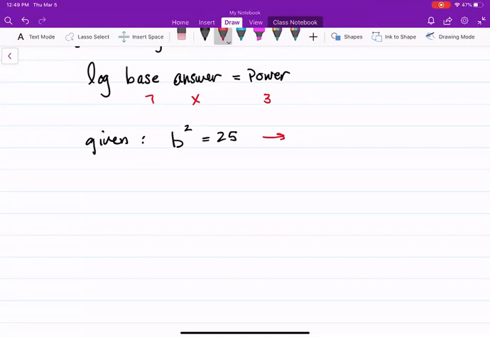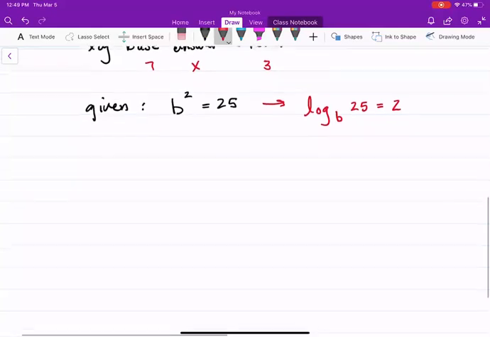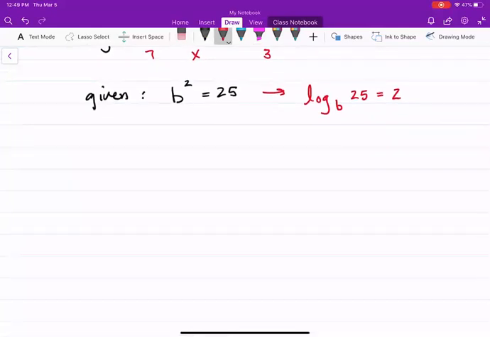Now I have everything written above, right? So it's going to be log, what's my base? B, right? What's my answer? 25 is equal to the power. Everybody see that? You're like, I'm not sure.